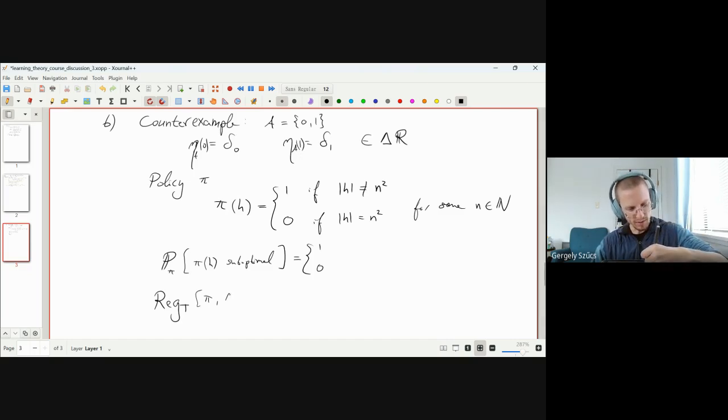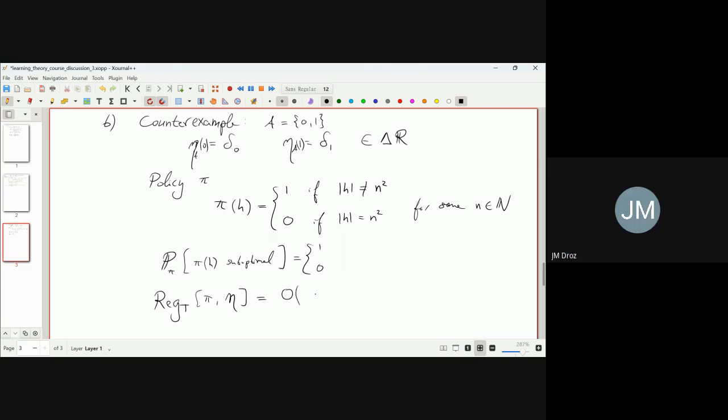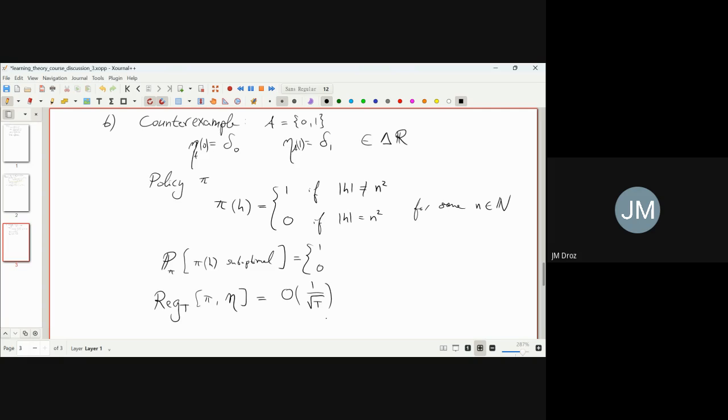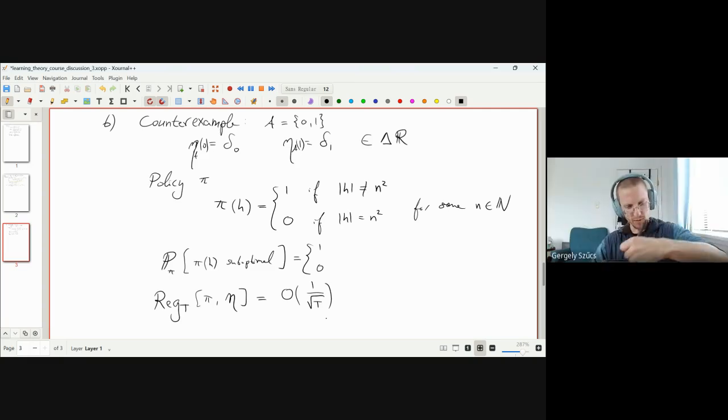Picking this eta, the average regret is on the order of 1 over square root of t. Yes, exactly, so that goes to 0 as t goes to infinity.